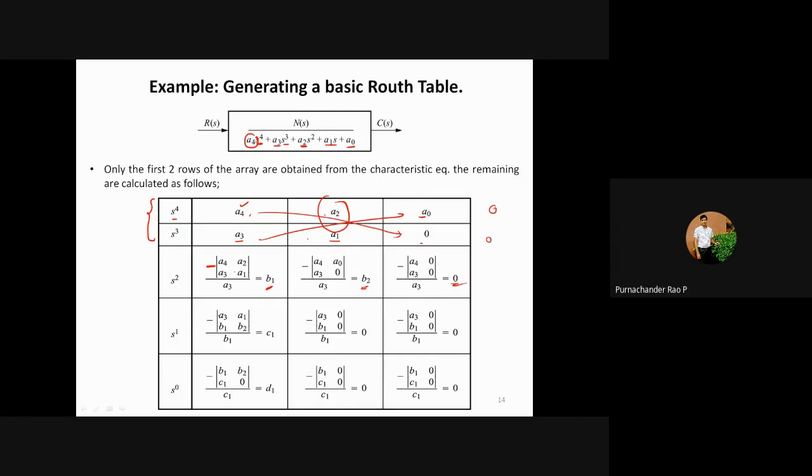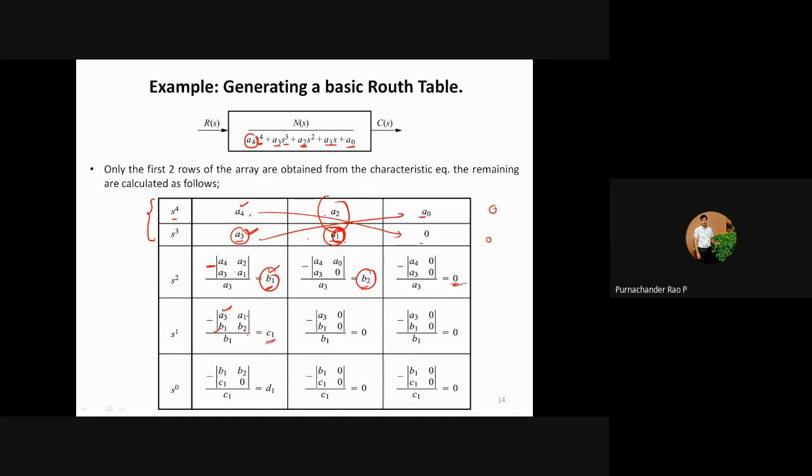Once you get this b1, next you have to take s power 1. So for this, the values a3 and b1 you have to consider, and a1 and b2 you have to consider. So here a3 b1, then a1 b2.